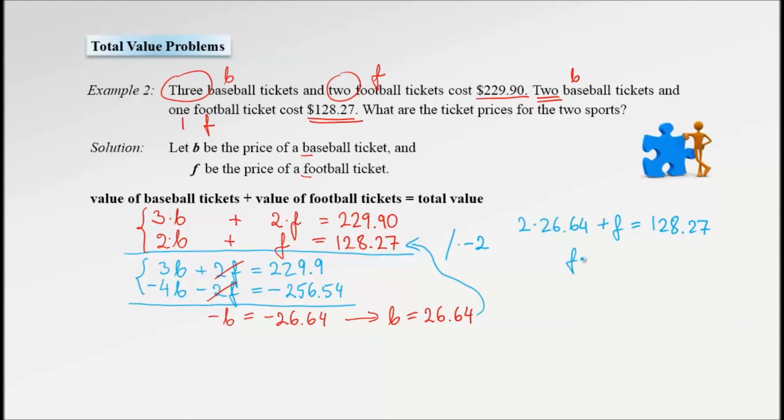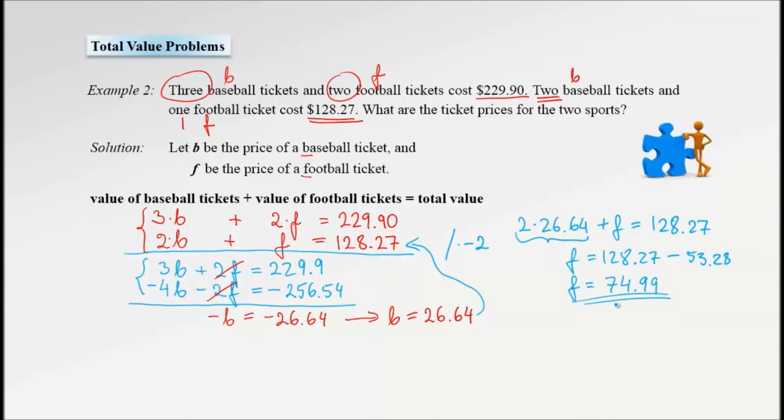So to find F, we take 128.27 and subtract this product. Let's find out how much that is. 2 times 26.64 is 53.28. Okay, therefore F equals 74.99 after subtraction.